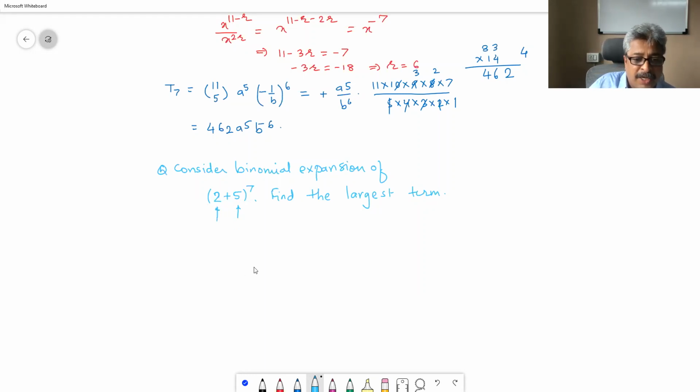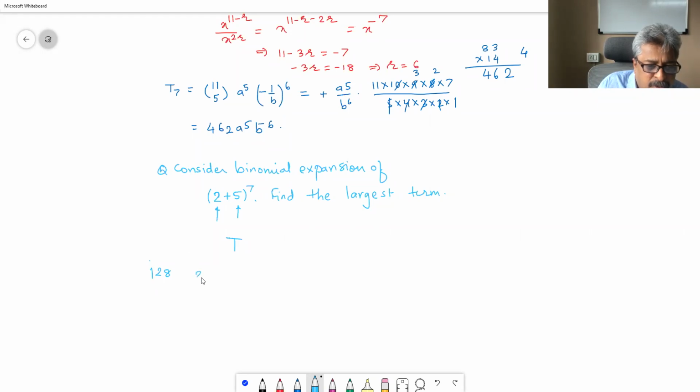Let us figure out our method of finding the largest term, and when we will come to know that we have arrived. In this particular problem, let me write down the first few terms. First term is 128.